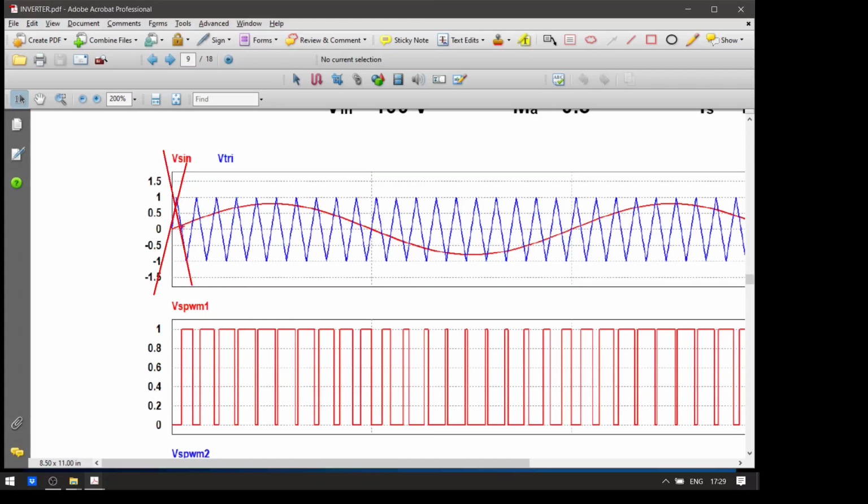Because whenever there is an intersection between these two lines and the modulating signals, it will produce a pulse at each intersection. So once we know the equation for both straight lines, we simply equate these two lines with the sinusoidal signal equation, and therefore you can determine these angles.